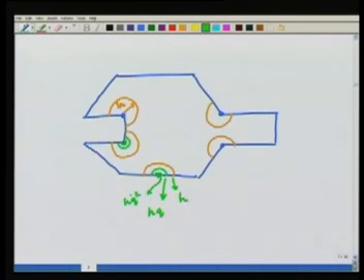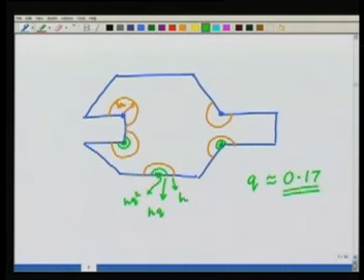I can have n rings where the nth ring will be at a distance hq to the power of n, where q is generally taken to be 0.17 or 0.15. If I do this, I can make these rings in the vicinity of these corner points.